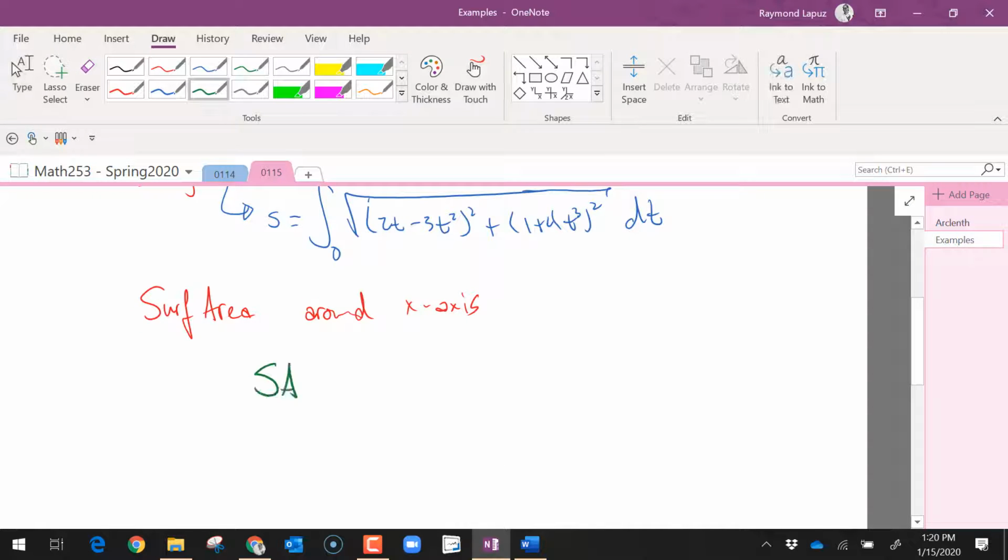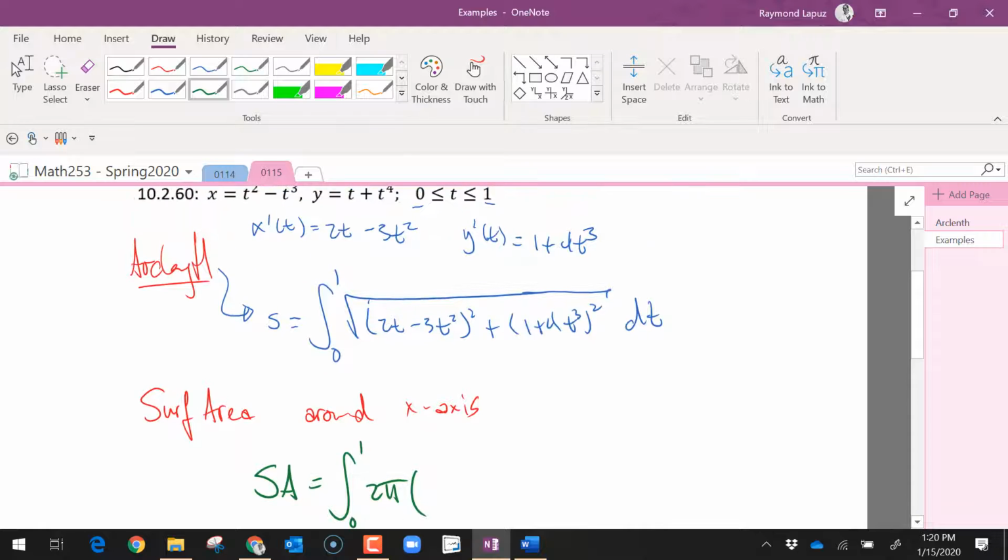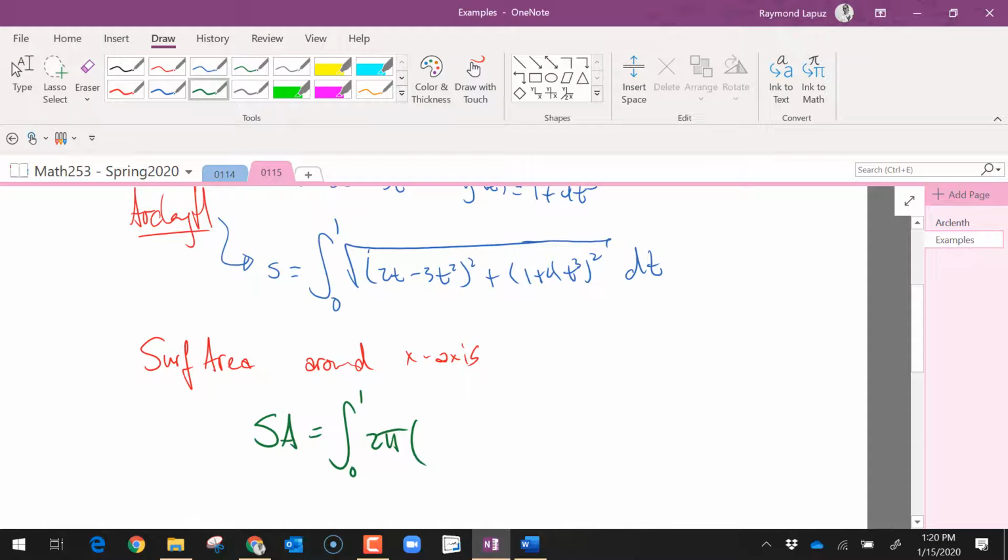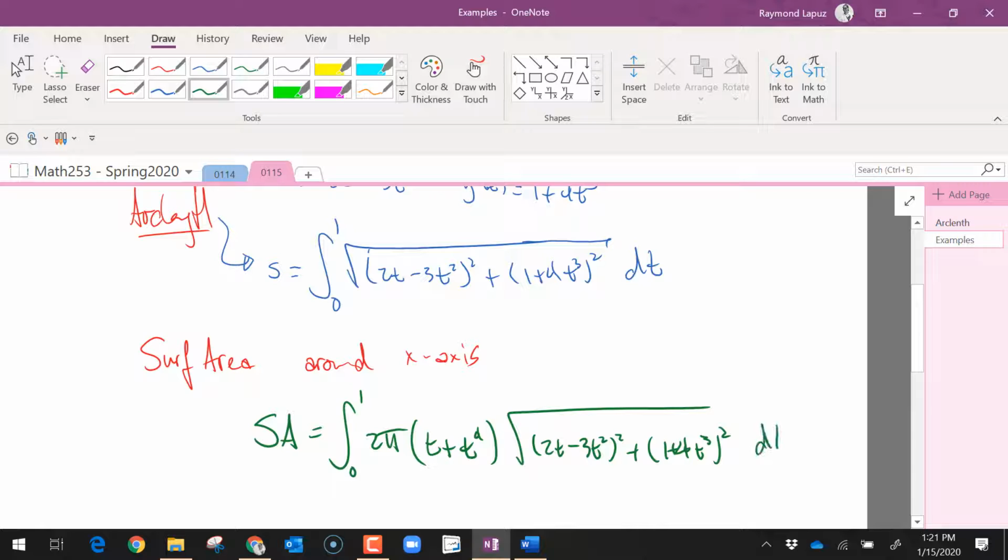So surface area is the integral again from 0 to 1 of 2 pi, and then the y was t plus t to the fourth, and then the exact same square root of 2t minus 3t squared, quantity squared, plus 1 plus 4t cubed, quantity squared, dt. Okay, so that's it.